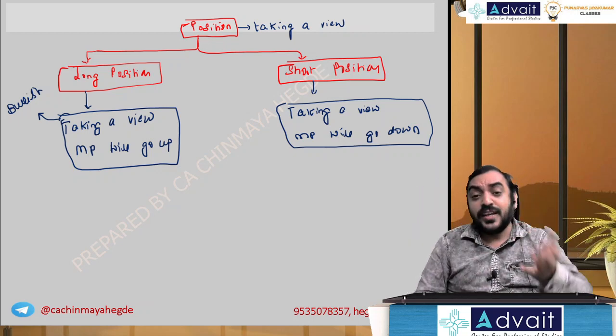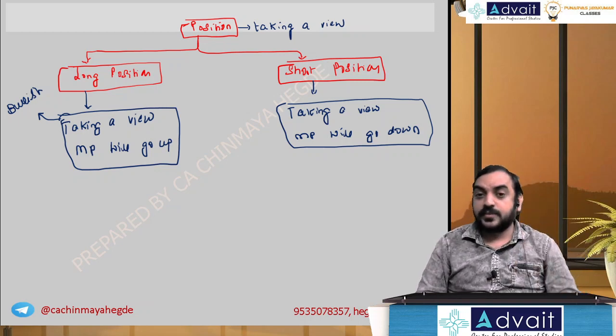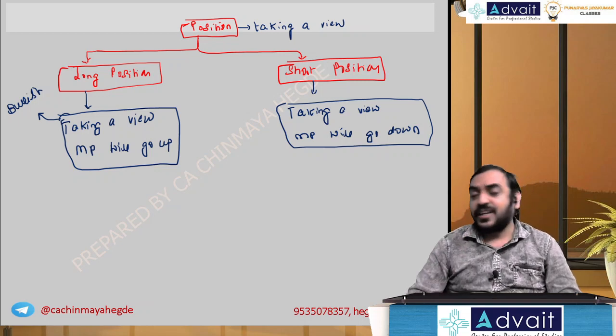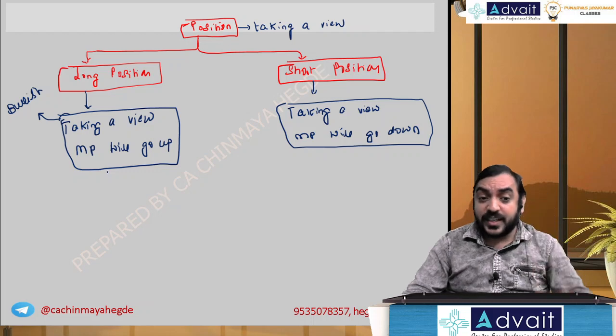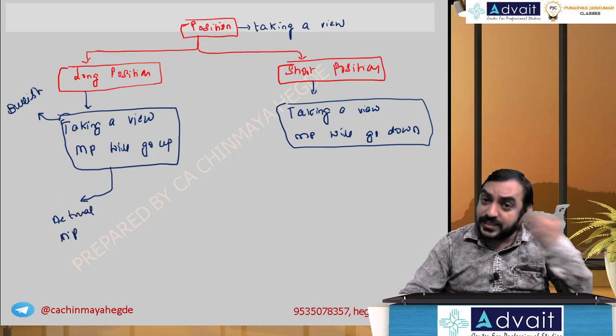So long position means expecting the market price to go up. Short position means expecting the market price to come down. In a long position, you expected the market price to go up and the actual market price went up. Let's say the actual market price is up.